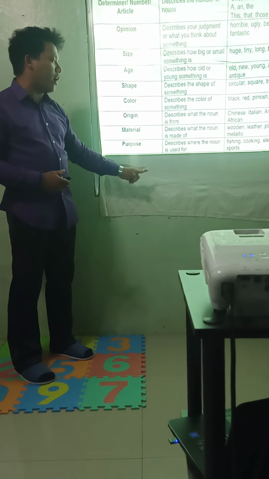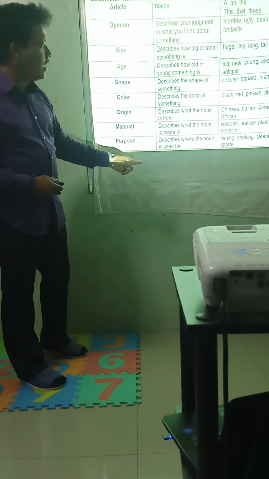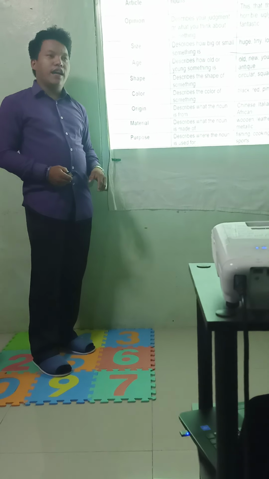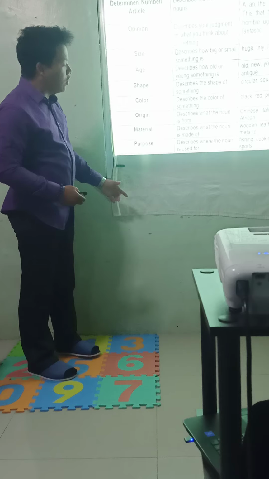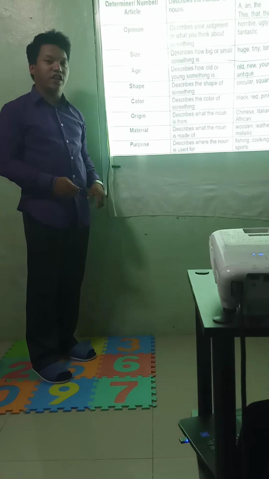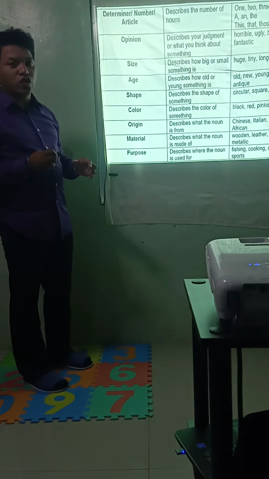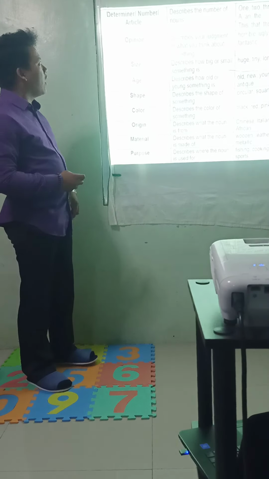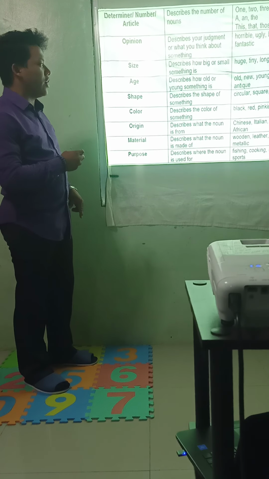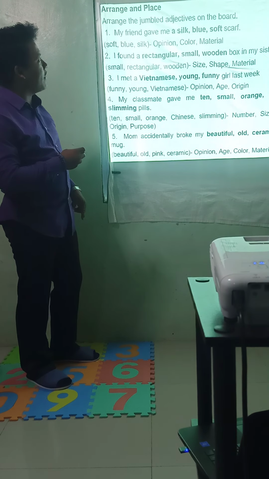It describes what the noun is used for. For examples, fishing, cooking, sleeping, or sports. It doesn't necessarily mean that we are going to include all of this order of adjectives in a particular description. Okay, so what we need to take note of is that we're going to arrange it in order or properly.